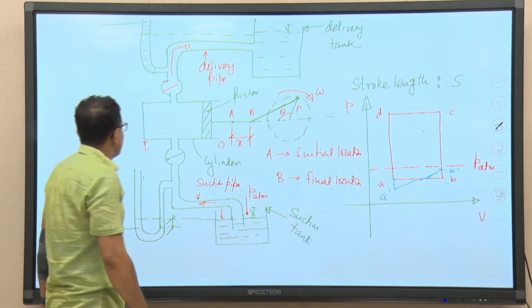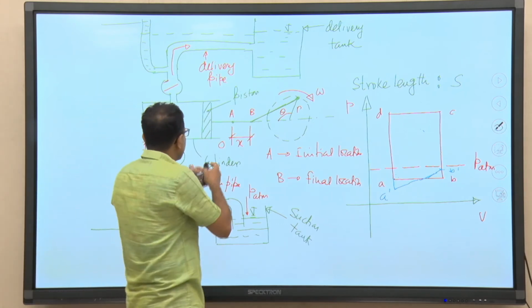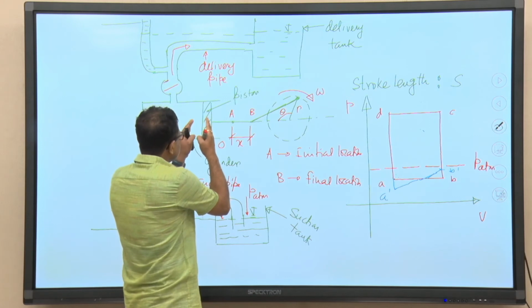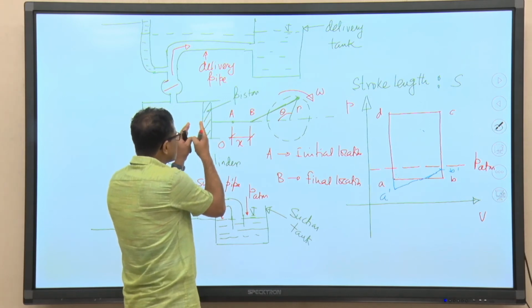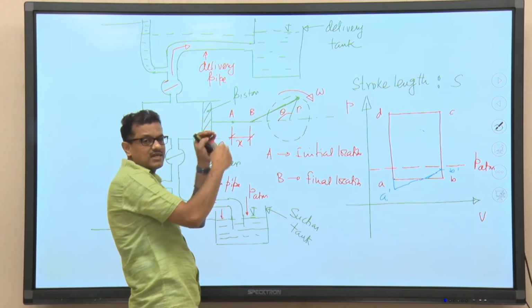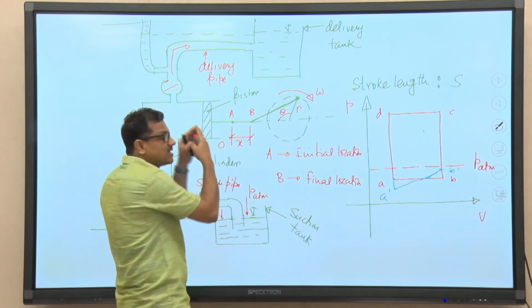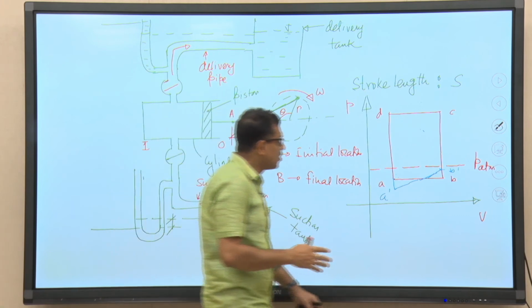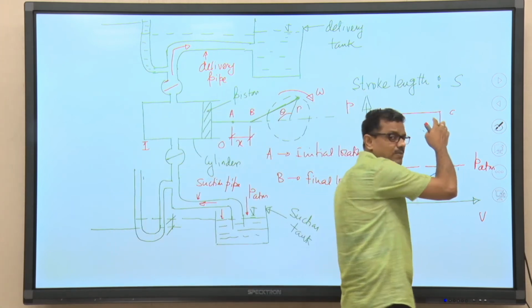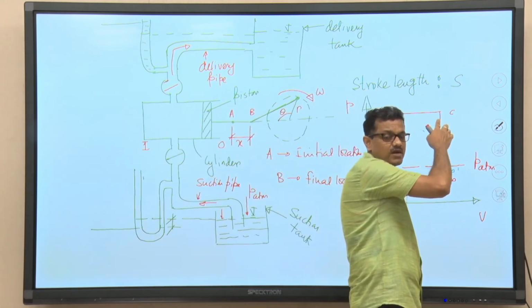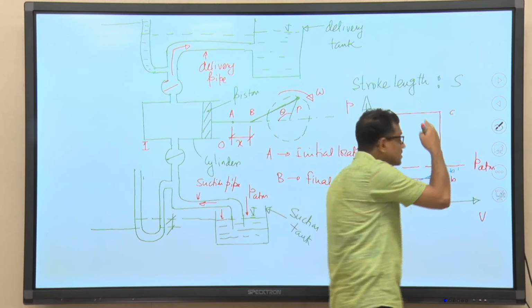So today, what we will see is that when the piston creates a thrust on the liquid volume, the pressure inside the cylinder builds up further. We expected this to be the pressure at the beginning of the delivery stroke, but not so, considering the acceleration.